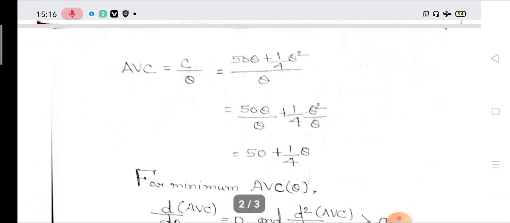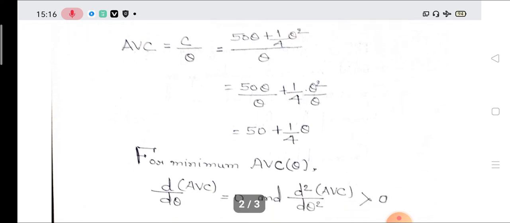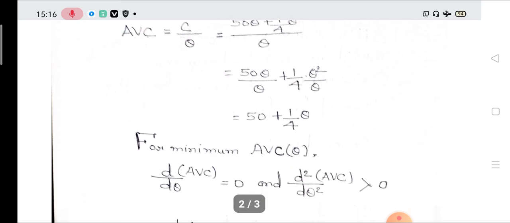Now the next task is to get AVC, average variable cost. We can see the total cost function given in this question involves no fixed cost. That is why C by q yields average variable cost, that is AVC. Cost divided by q, we got 50 plus 1/4 q.